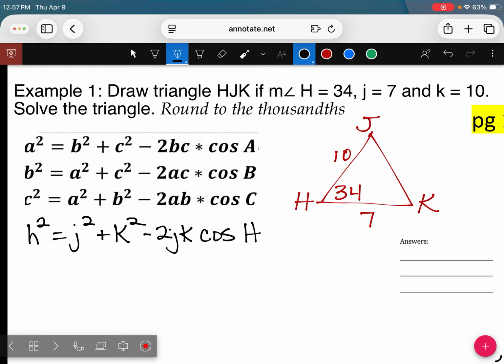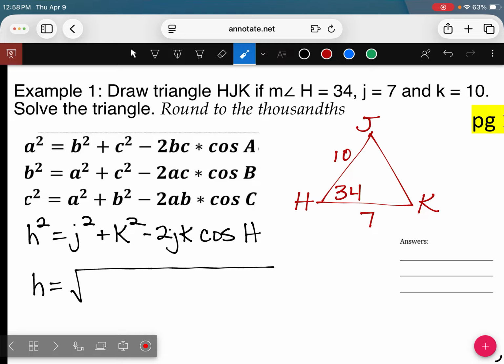So the way it is arranged depends on the problem. This is just showing you how it would be arranged. Okay, so let's go ahead and plug in our numbers. Now if you're using the law of cosines to find a side, it is very simple. I'm going to type this all under a square root in my calculator, because h is squared, so I'll have to square root my answer.